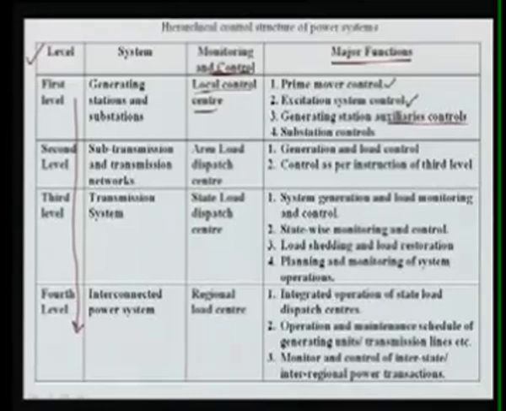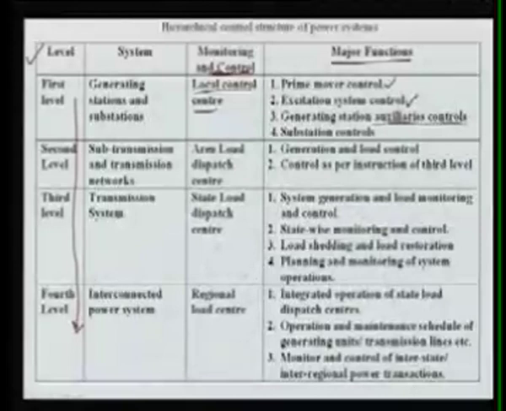You know, in any generating station we have a lot of auxiliaries. We have to have several auxiliaries for generating a single megawatt of power. For example, in the thermal power station we have the boiler feed pump, the condensate pumps, condensers, the PA primary air fan, FD fans, ID fans, coal mills, ball mills.